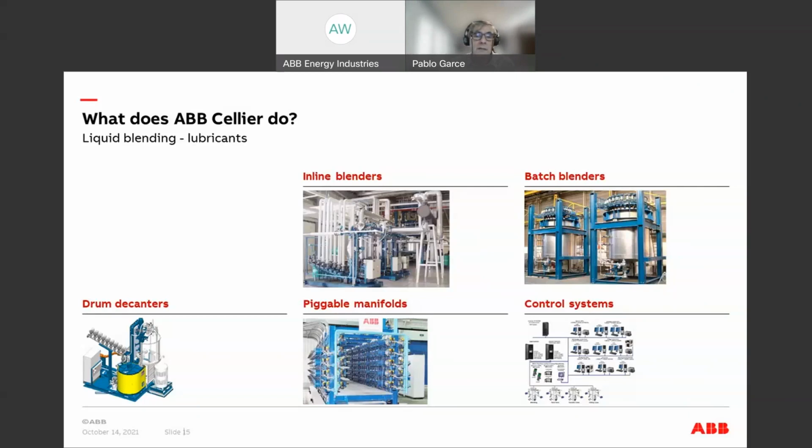That's why the next session is going to be about piggable systems and manifolds. We're a manufacturer of robotic arms. ABB is a big manufacturer of robotics, so we'll bring the new technology into the marketplace, adding robotization of the functions. But that's part of the next session that we're going to be doing.